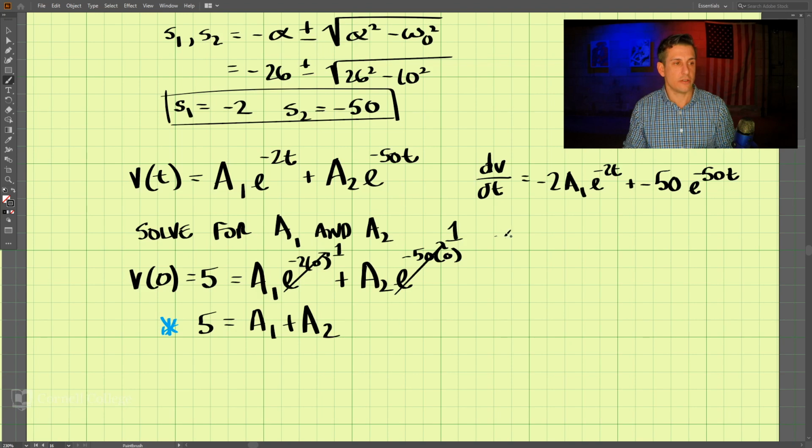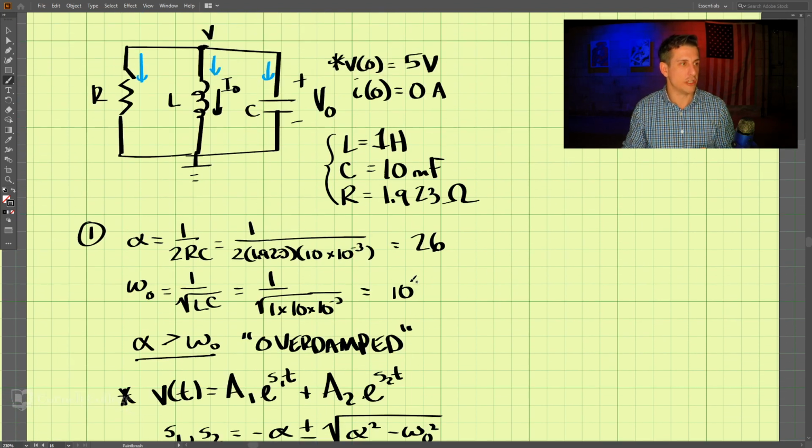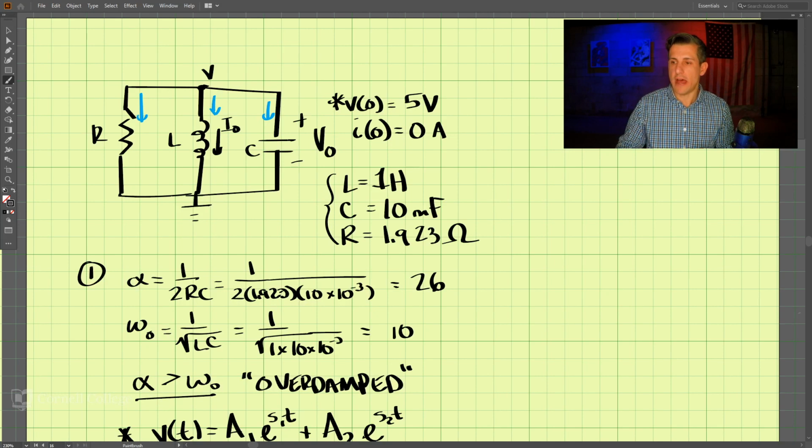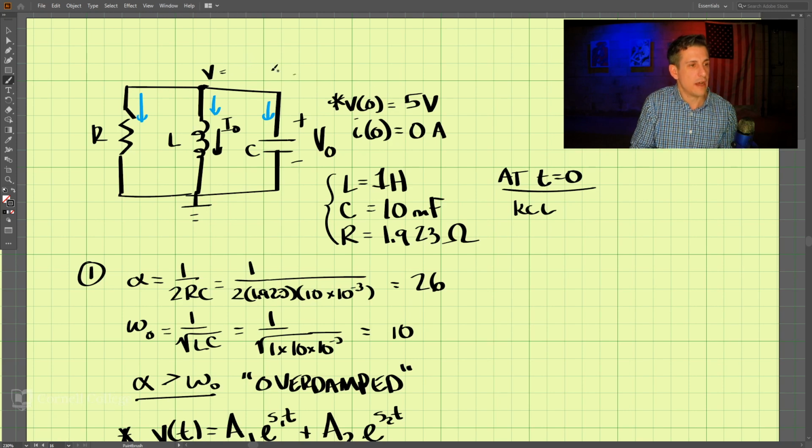Now, let's talk about our initial equations. Remember that at time 0, at t is equal to 0, we have this KCL, which here is the current here, and we know at time 0 this V naught is 5 volts.